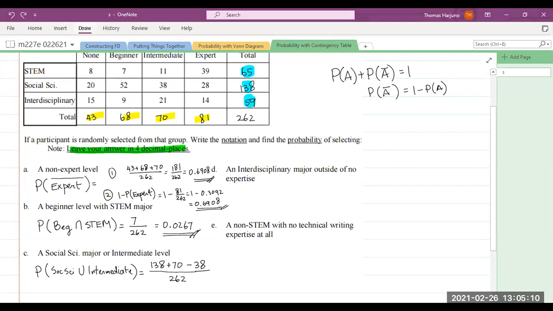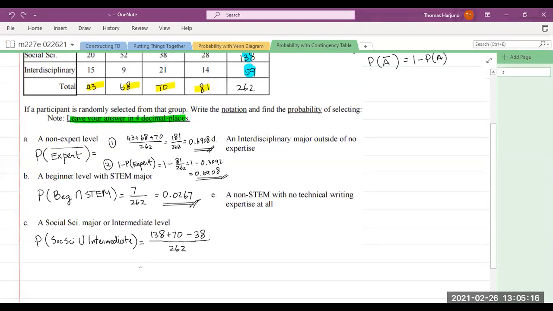Then when I compute this, let me do it below. I get 170 over 262, whose decimal is 0.64885. So it will be 0.6489.